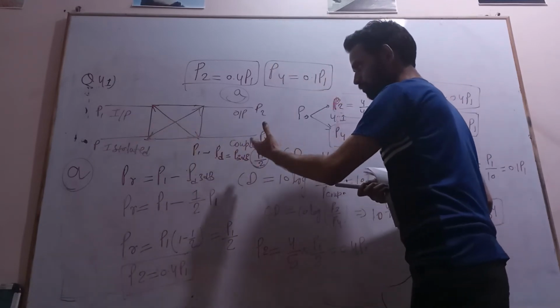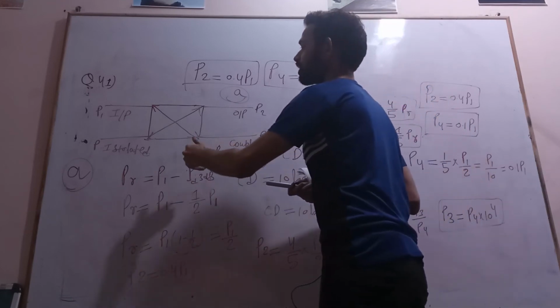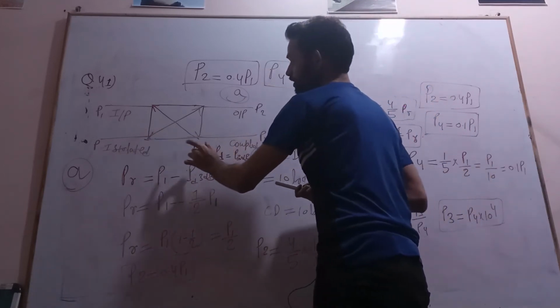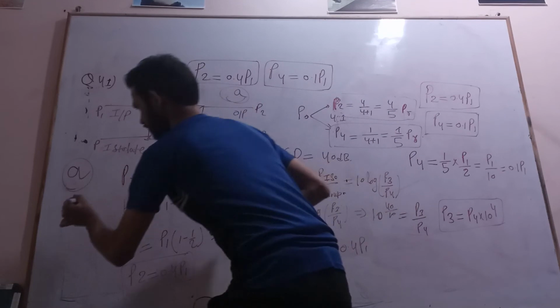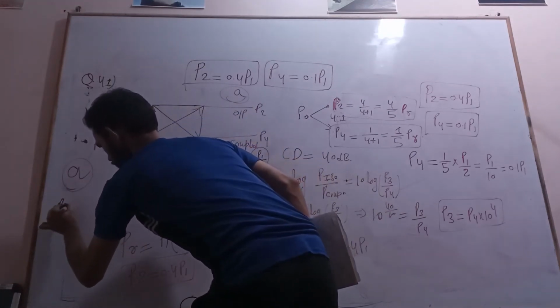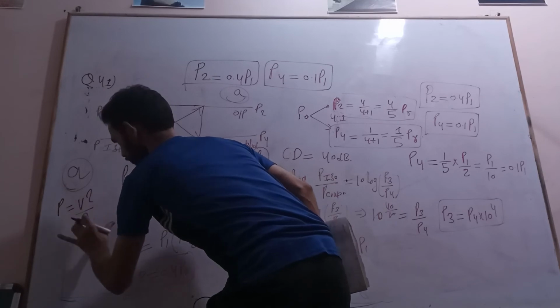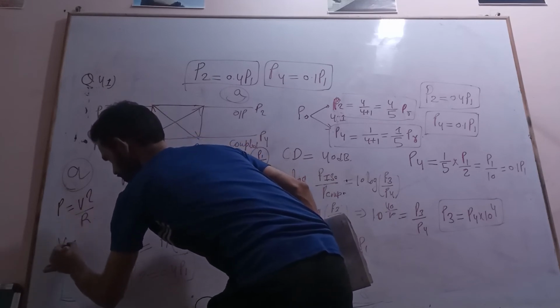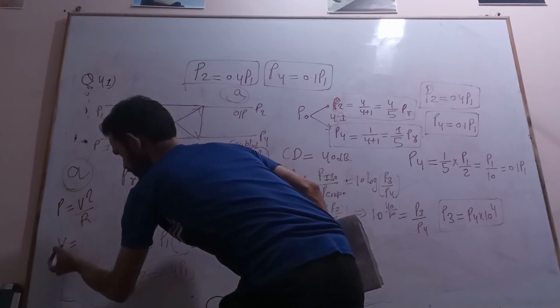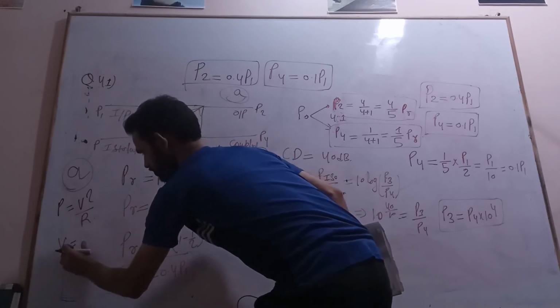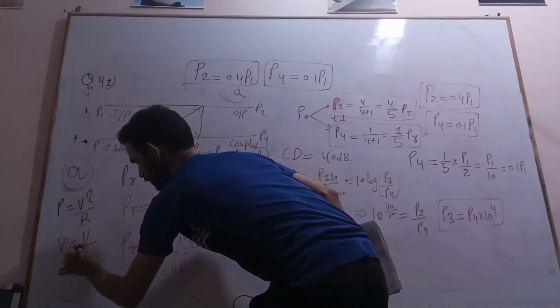And if you see 3 dB in terms of voltage: power is equal to V square by R, yes or no? So this is my power. The 3 dB voltage is V by root 2.